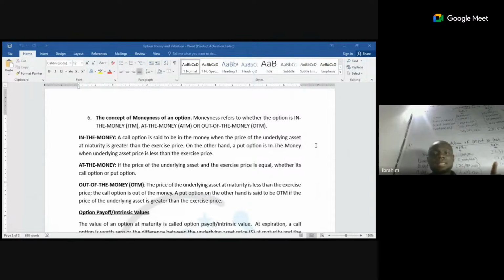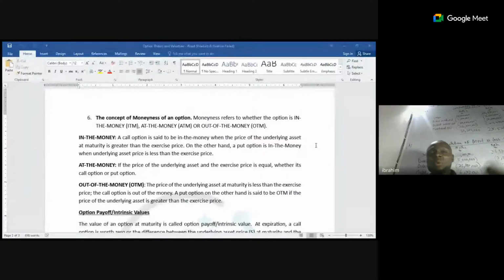He exercised his right to buy an option, to buy First Bank shares in an option market in December, maybe at 30 naira. Then in December, the underlying asset becomes 20 naira.